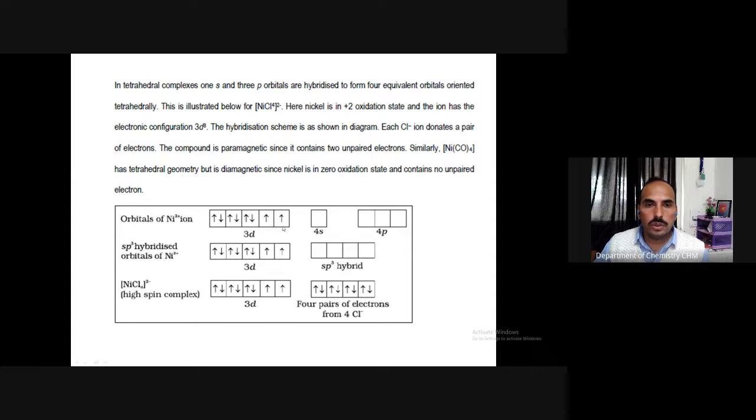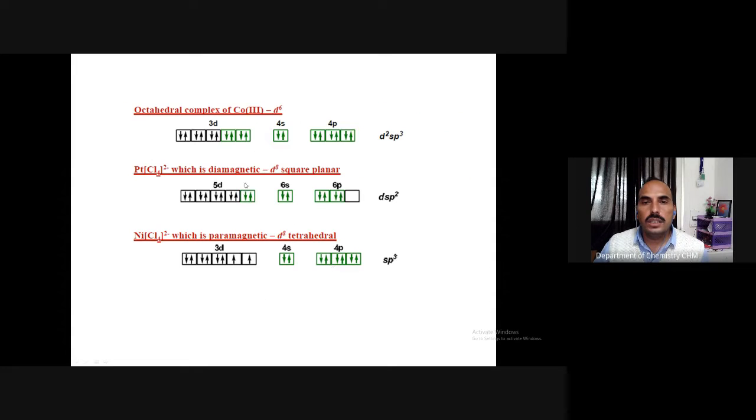Okay, NiCl4, as I told you, again you can see that 2 electrons you don't have to pair, right? It's tetrahedral, so you need only 4 orbitals to make the 4 bonds. That is 1s and 3p, so the hybridization is sp3 over here. However, in this case, PtCl4, it is square planar.